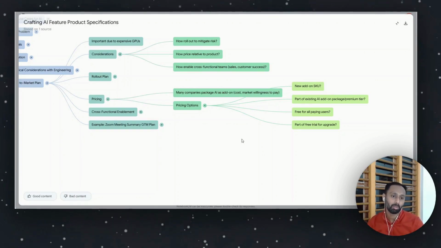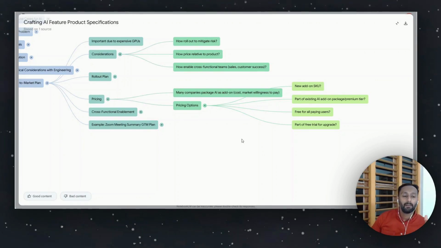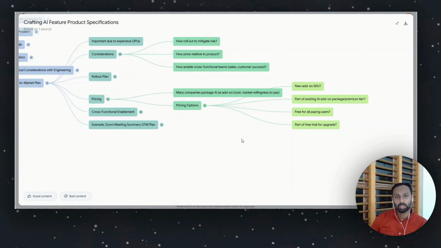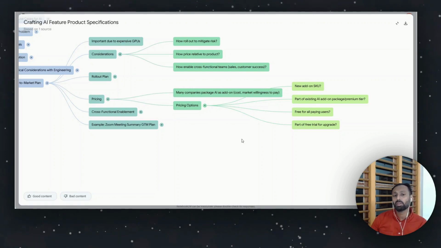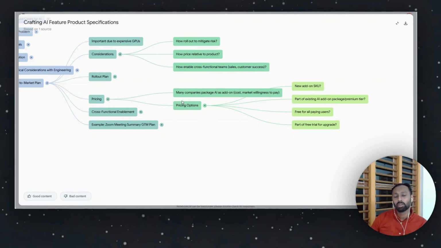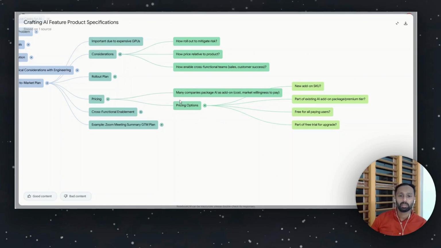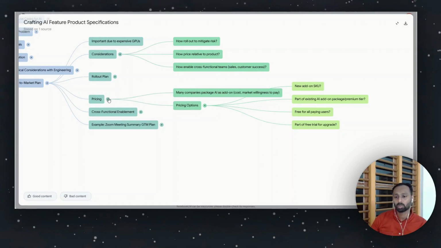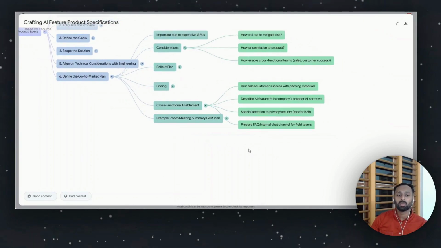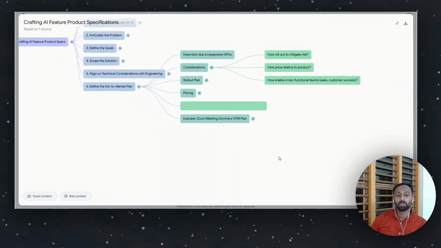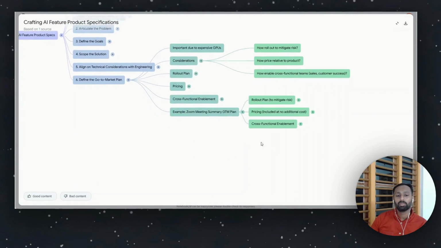That becomes a problem, so that is also something to think through. Whether it's part of the free tier, whether it's an add-on, all these things have to be thought through. Cross-functional enablement is something I spoke about.